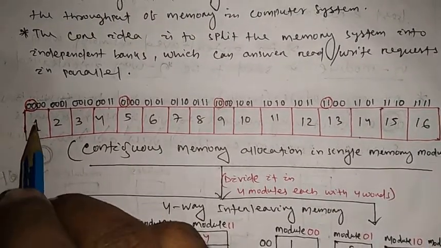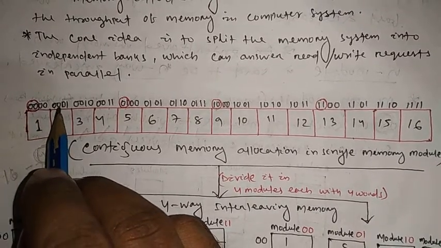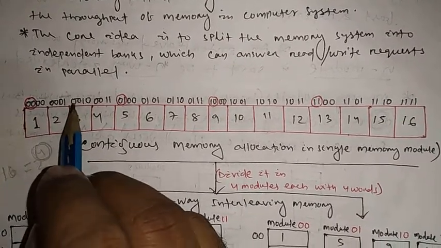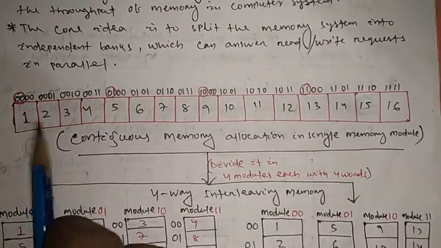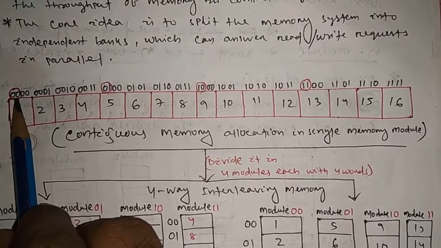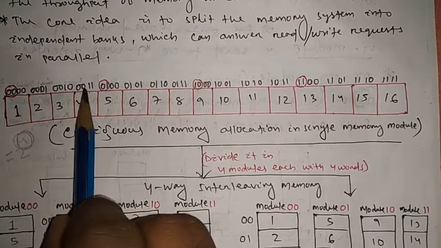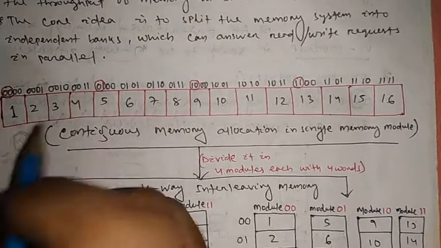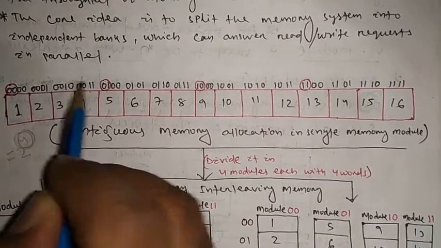That means cell number 1 has address 0000, number 2 has address 0001, number 3 is 0010, number 4 is 0011. Similarly, in the cell addresses, the first 2 bits are the same, repeating 4 times, and the second 2 bits change: 00, 01, 10, 11.